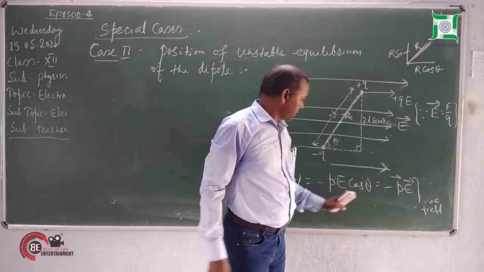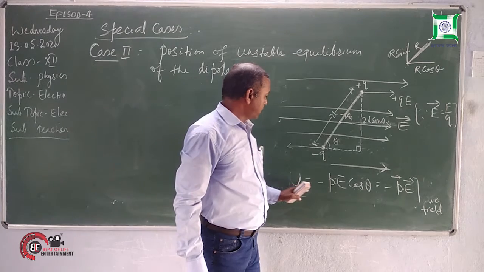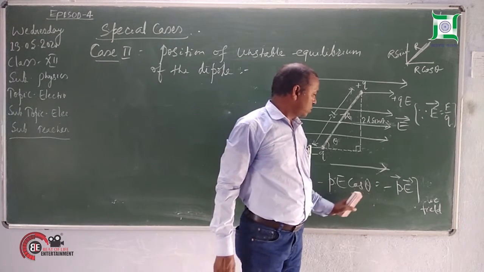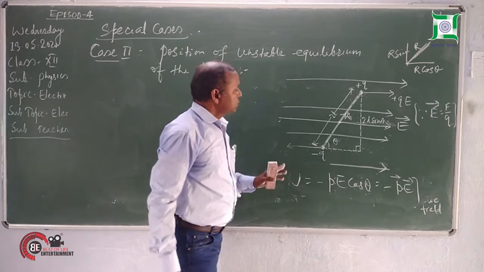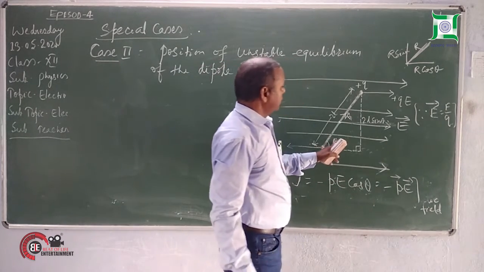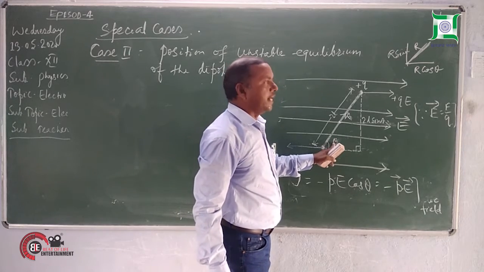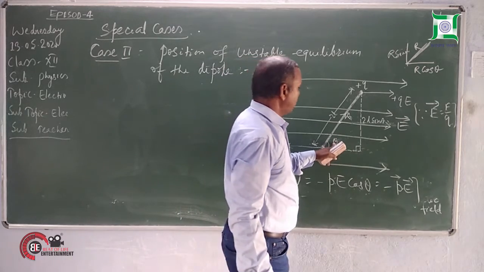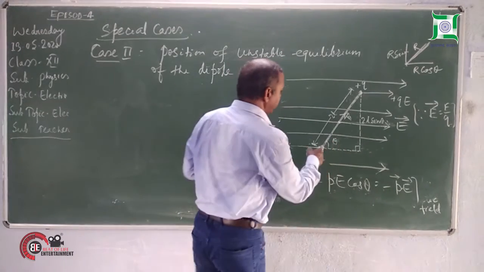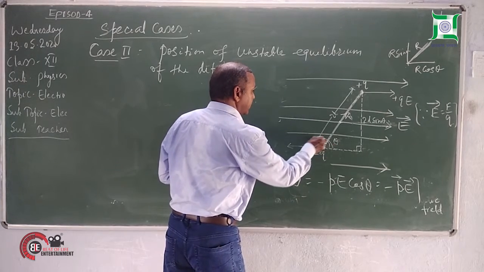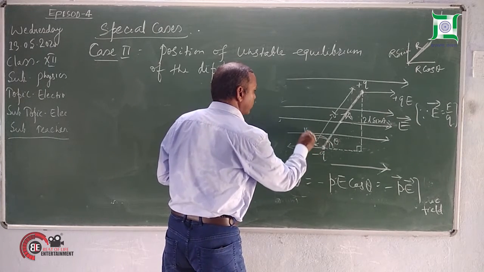You see here that the electric potential energy is minus P E cos theta. So if we put here the value of theta equal to 180 degree, it means this angle theta is 180 degree.